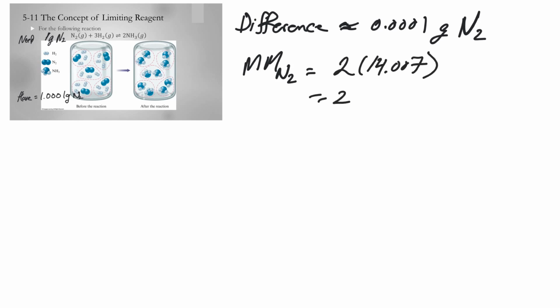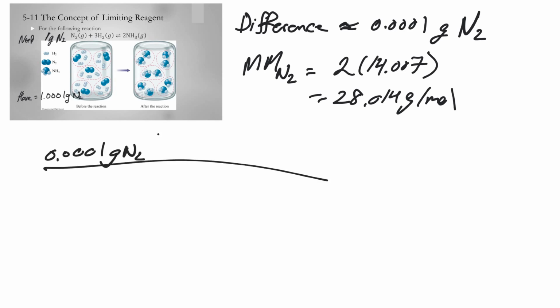The molar mass of nitrogen is 2 times 14.007, or 28.014 grams per mole. So if we take that mass difference and divide it by its molar mass, we can get the moles of nitrogen.